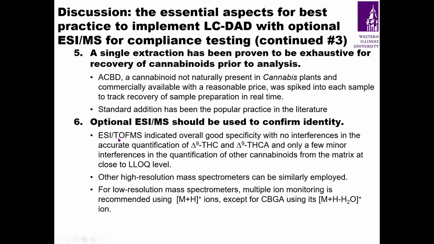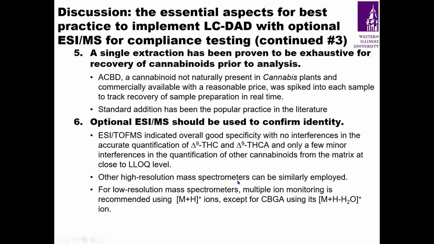We use the ESI TOF MS, which indicated overall good specificity with no interference in the accurate quantification of delta-9 THC and delta-9 THCA. Only a few minor interferences in the quantification of other cannabinoids from the matrix were seen at close to LLOQ level.